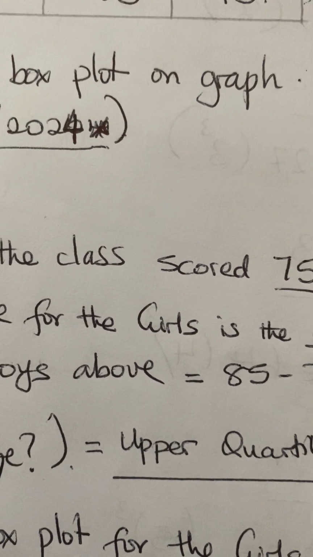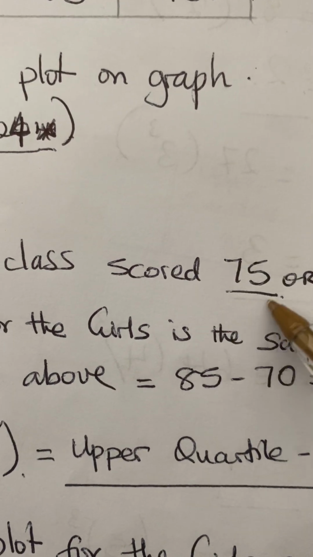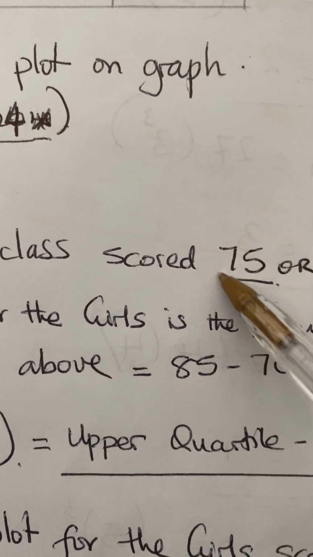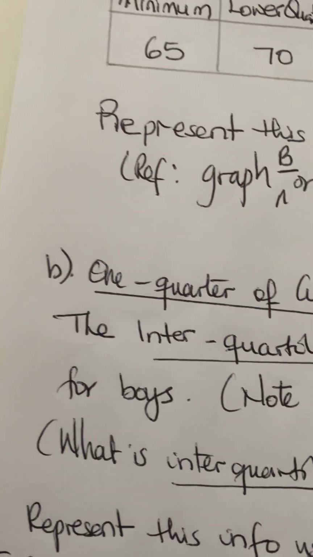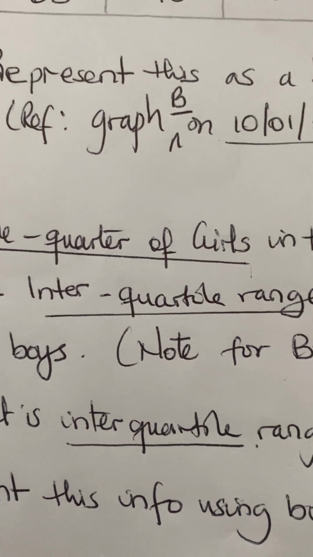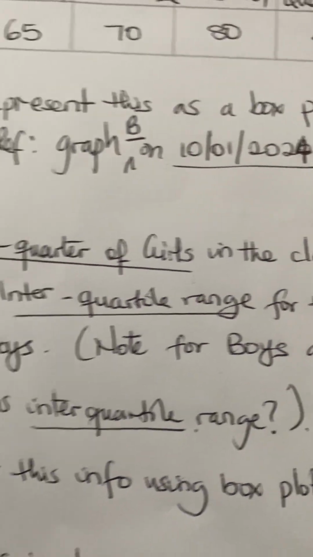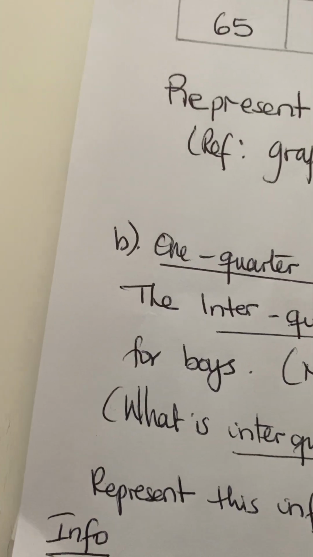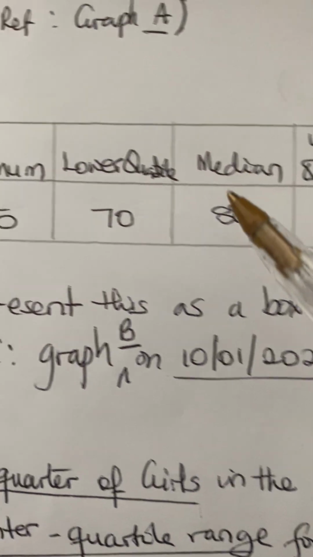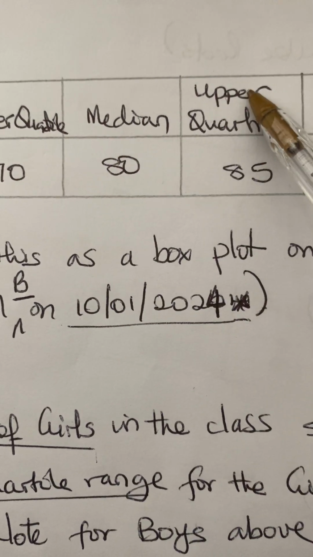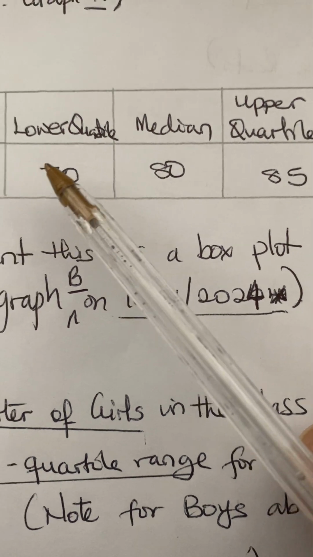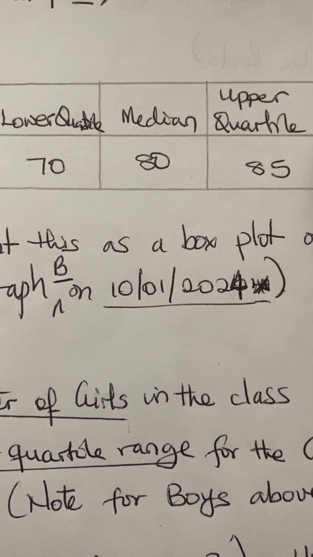Okay, so the minimum, that is the interquartile range, the lower quartile is 75. Okay, the interquartile range for the girls is the same as the boys. So if we look at what they've given us, the interquartile range is the upper quartile minus the lower quartile, which is 15.